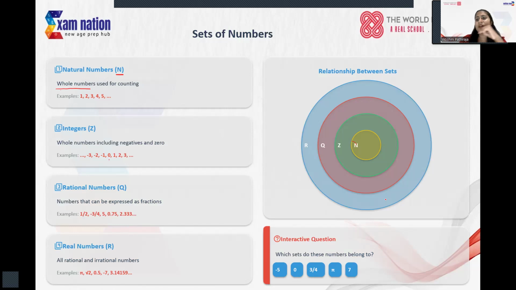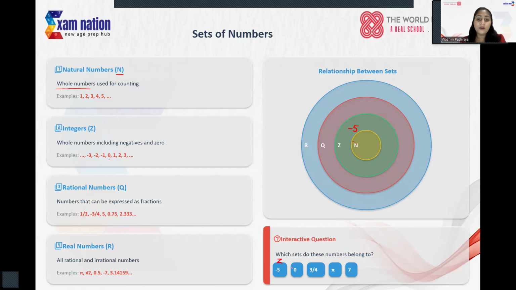Can it be in the natural number set? No, because in the natural number set we have only positive numbers other than 0. So minus 5 is not in the natural number set. It should be in integers. So you can write minus 5 in the integer set. Therefore, minus 5 belongs to the integer set.